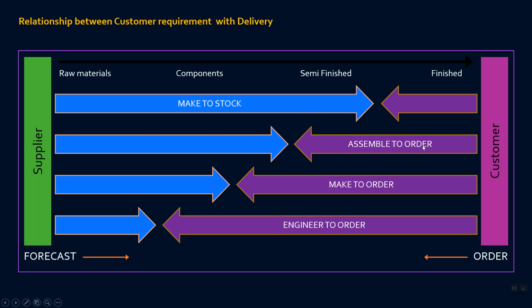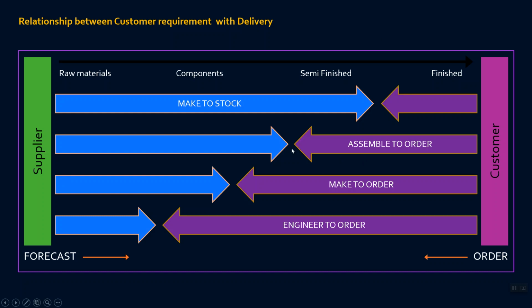If you take an assemble to order type of item, you will see that you can purchase the raw material, and you can keep the components ready in these sub-assembly forms. Making the semi-finished goods is very difficult because you don't know which combination a client would select. So you will wait for an order, and once you get that particular order, then you will assemble it.